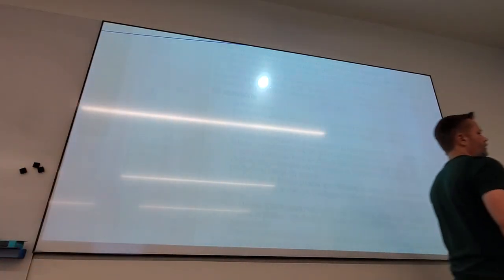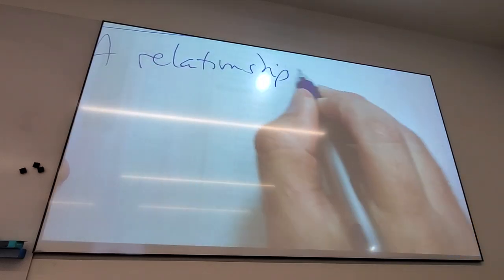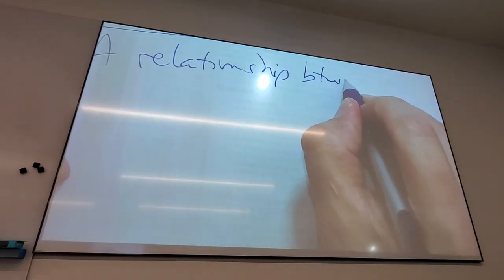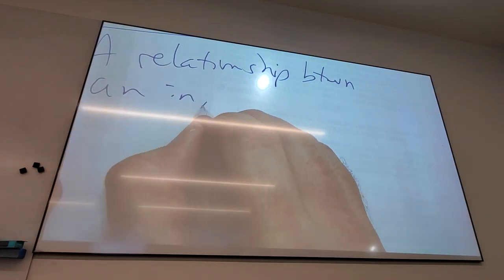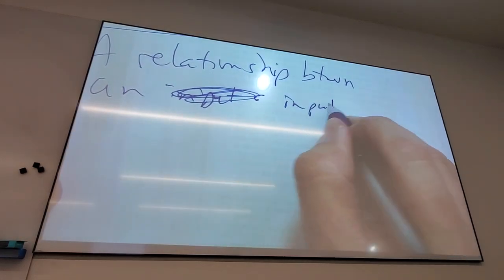If I had 2 outputs, that would be freaky. You guys got it with me? Okay. So a function is a relationship between an input and an output.